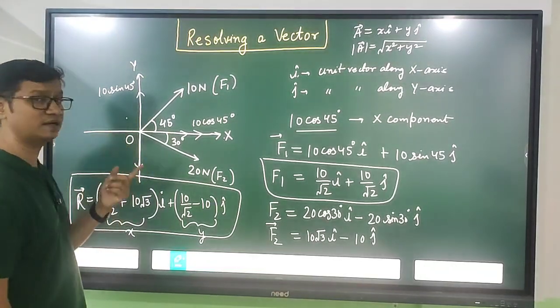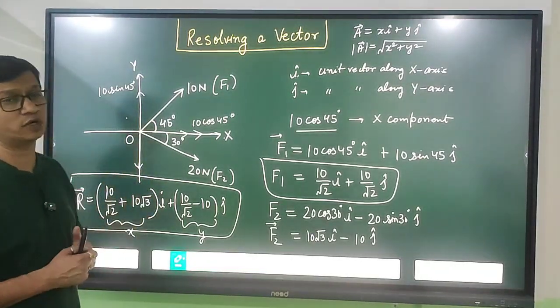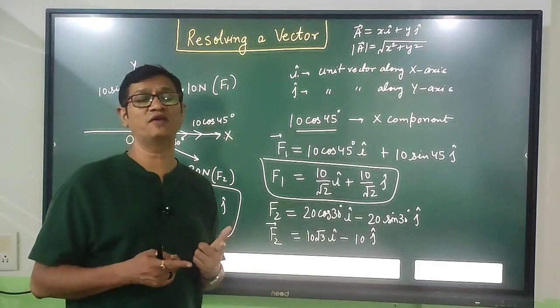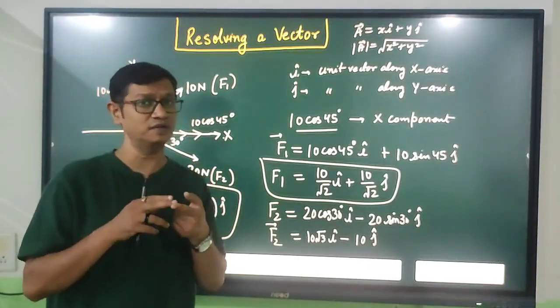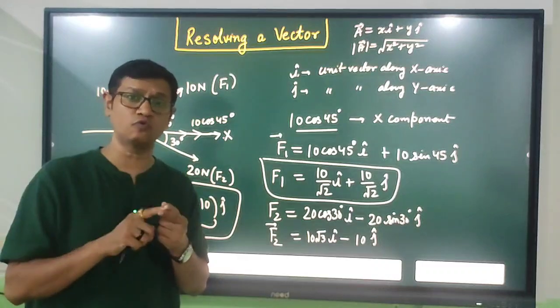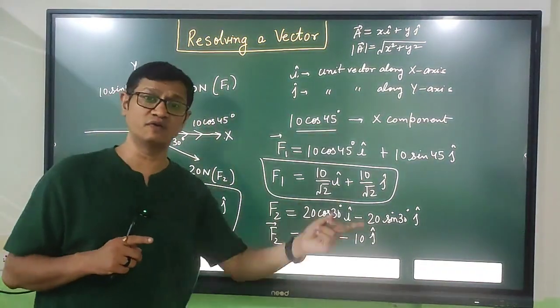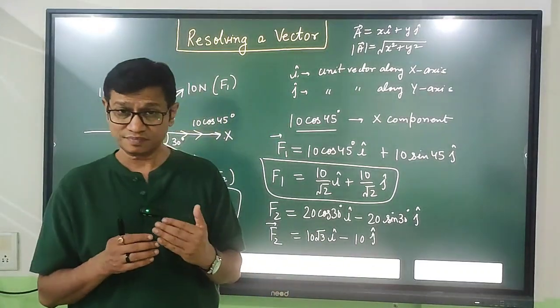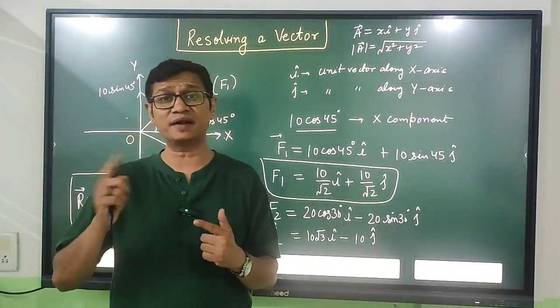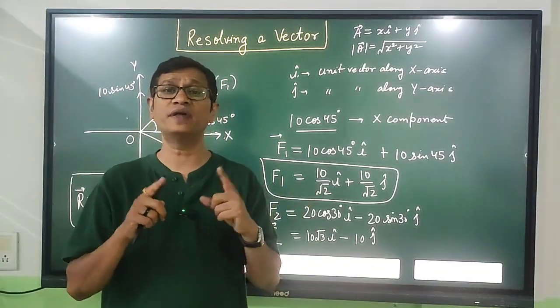If there is one more vector, then this a square plus b square plus 2ab cos theta would be very inefficient, because first you will find the resultant of two vectors, and with that resultant you will find the resultant with the third vector, right? You also have to find the angle of that resultant with the third vector. This is going to be a very tedious task.